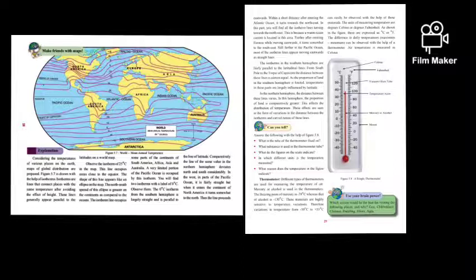Where the temperature is the same, you can see the isotherms are straight, and where the temperature differs, or you can see the continents in between, there the isotherms are in a curved form. Now observe the isotherm of 25 degrees Celsius in the map.